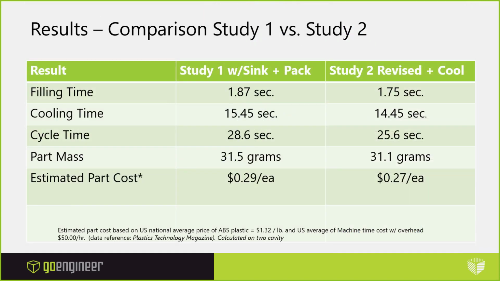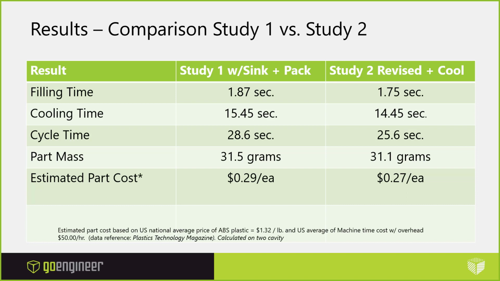So if we look at our results comparing study 1 versus study 2, my study 1 was with the sink with added packing to try to get rid of that sink mark, which it did not work. So we look at our filling time or cooling time, my overall cycle times, so 28.6 seconds versus 25.6. So I've got 3 seconds difference in cycle time.